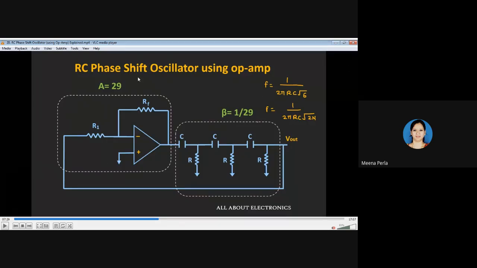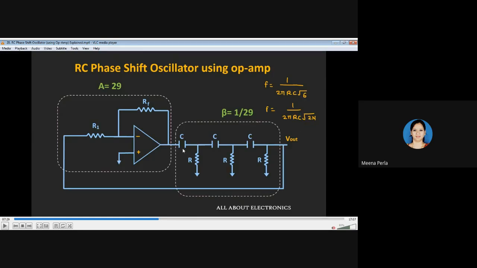Then we saw the equation of frequency for this RC phase shift oscillator, f is equal to 1 upon 2 pi RC under root of 6. Why is this 6? Because we are using 3 RC components. If we use n RC components, the equation for f will be 1 upon 2 pi RC under root of 2n.